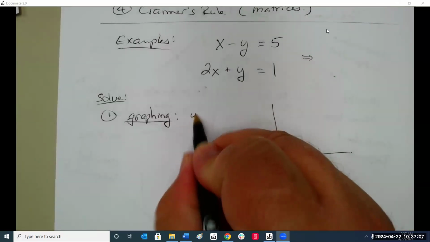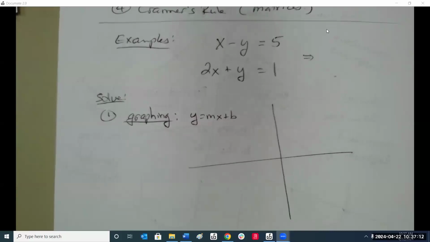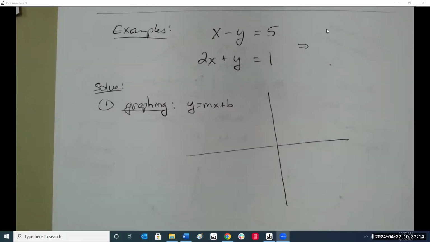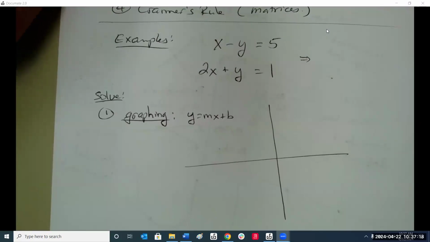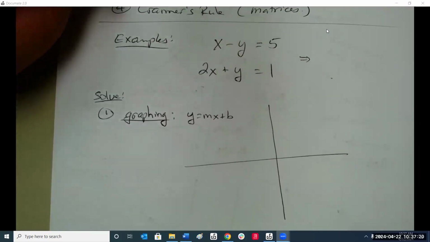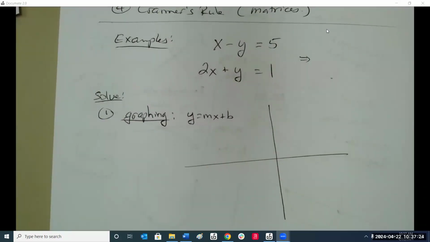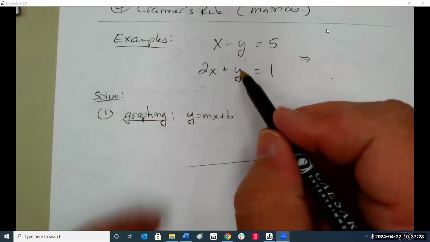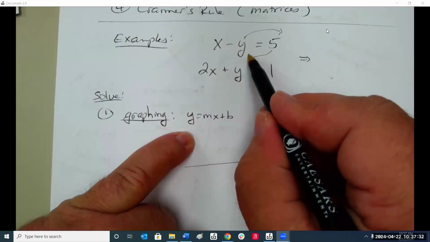Well, we're used to graphing. Since they're linear equations, they have to be like this. If they're quadratic, then we find the x-intercepts, find the vertex. If they're cubic, but since these are both linear, y equals mx plus b. So for the first one, since I need to have y positive, I'll move the y over there and the 5 over here.